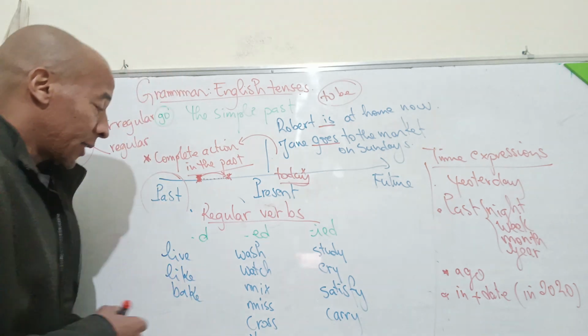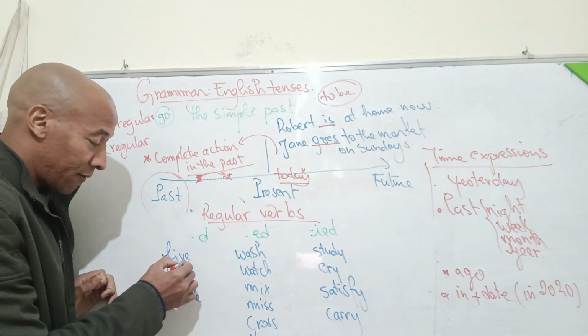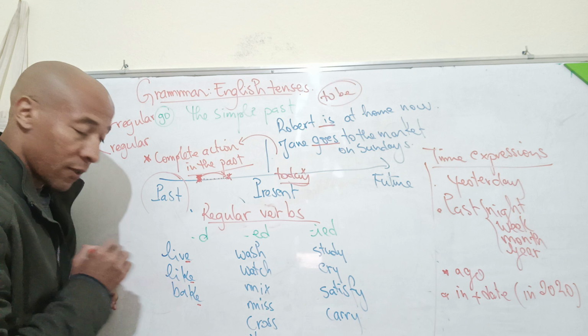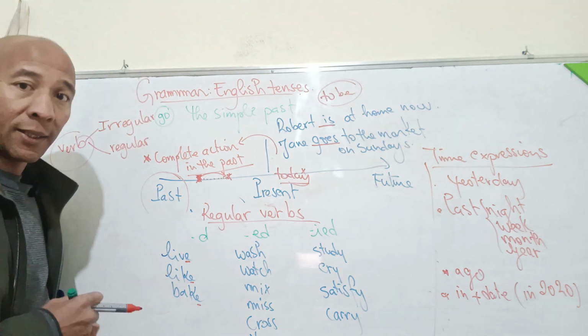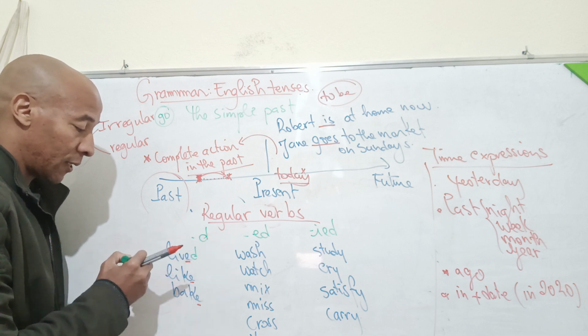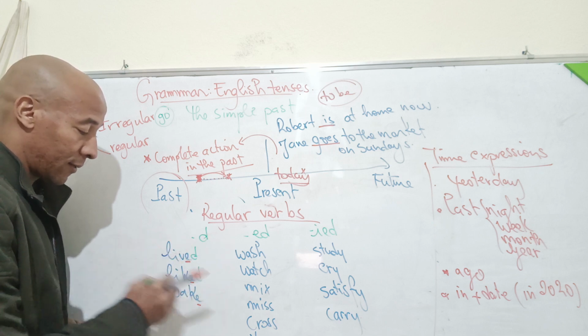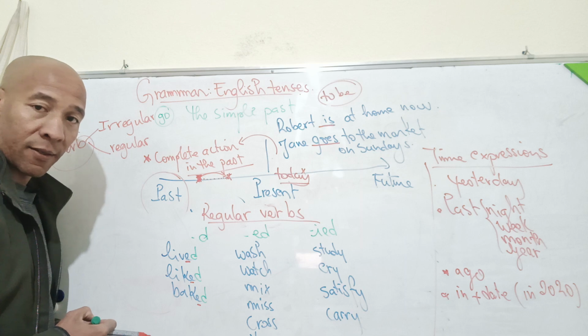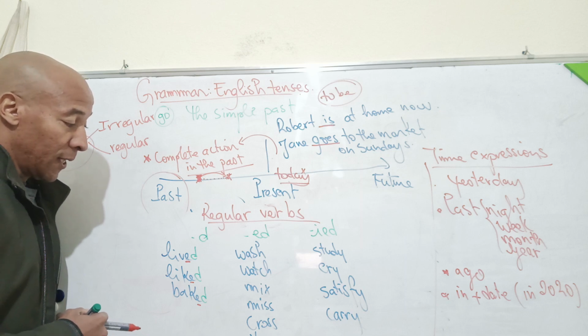Now, if a verb ends in a vowel E, then you add D, right? So we can say lived, liked, baked. Nice, okay?